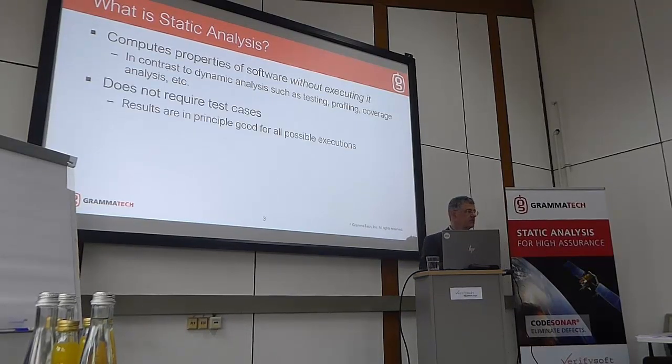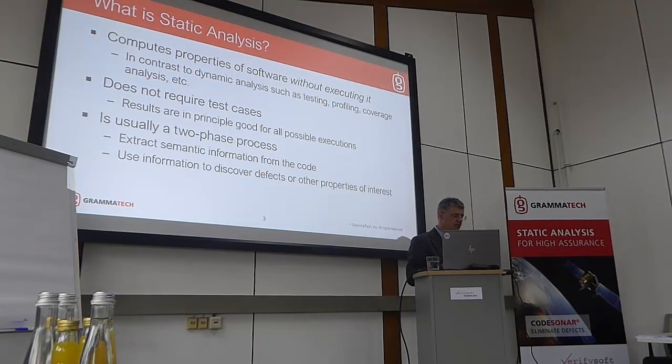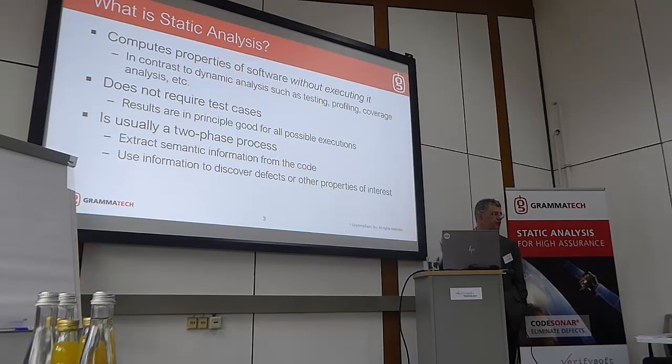The key thing about static analysis is because you're not running the code, you're not executing it, you don't need test cases. The results are, in principle, consequently good for all possible executions of the program. Or it's actually fairer to say they're good for all possible inputs. So static analysis is usually this two-phase process.